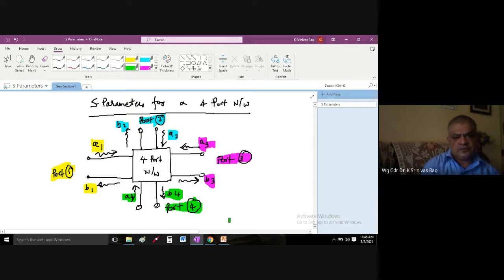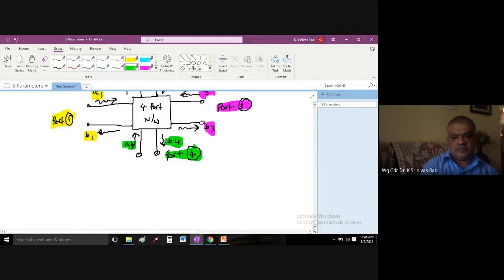So all four ports with their notations, incident and reflected signals: A1, A2, A3, A4, B1, B2, B3, B4. Now let us try to obtain the S parameters for these ports.